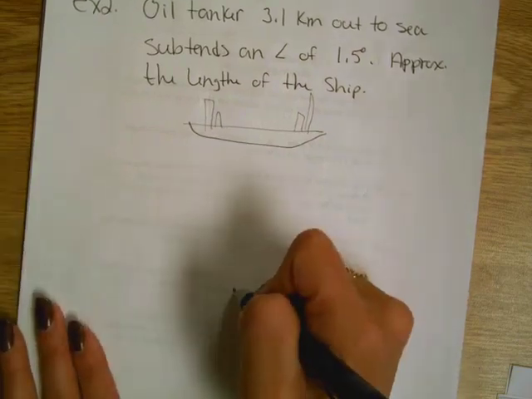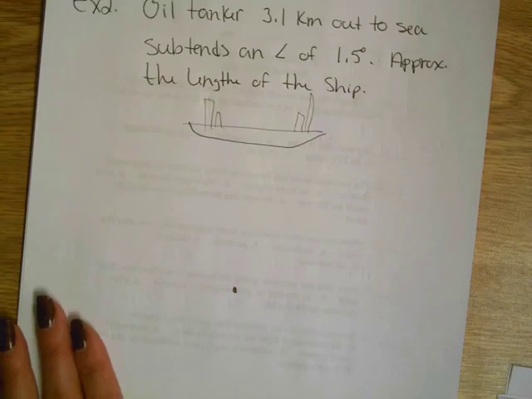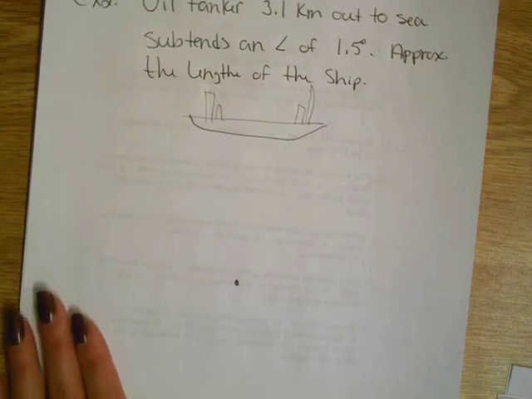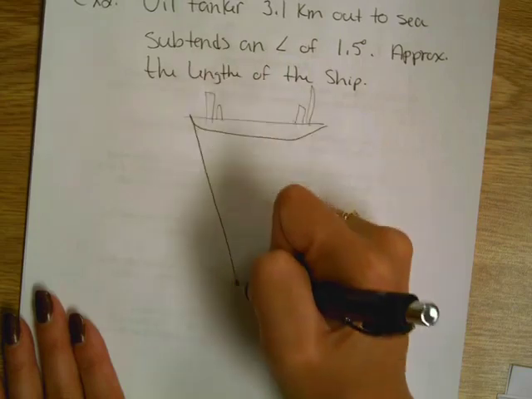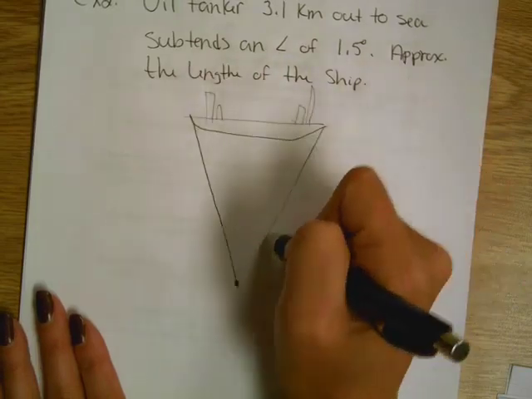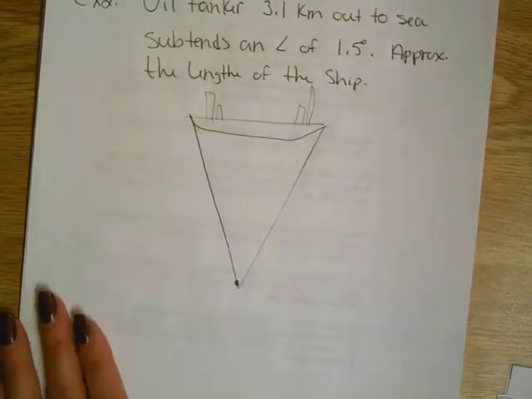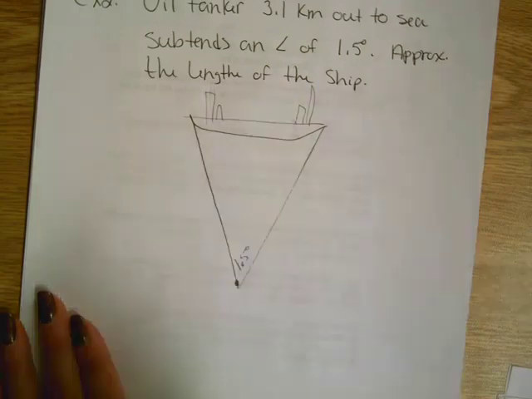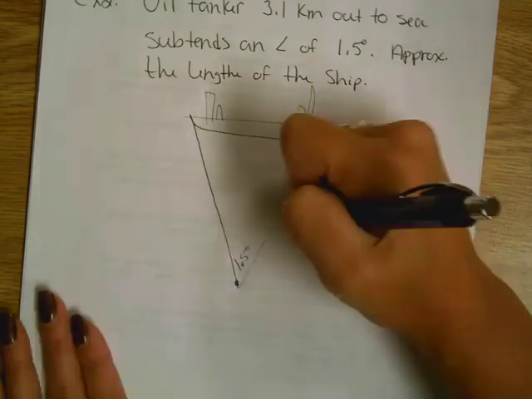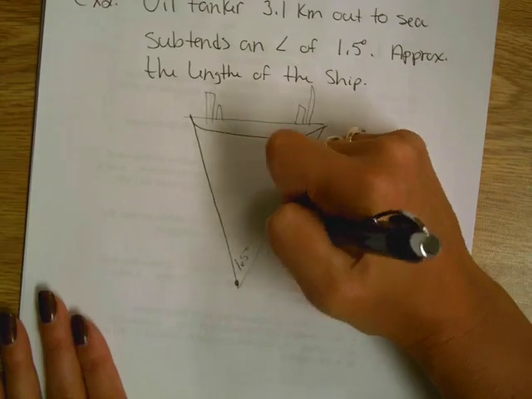Here you are, way back on the shoreline. So you can measure from the front of the ship to the back of the ship. Your measurement for that angle is 1.5 degrees, very, very small. We are 3.1 kilometers away.